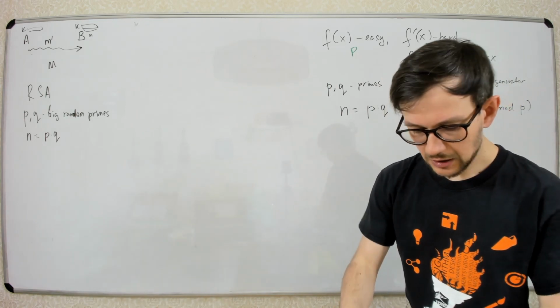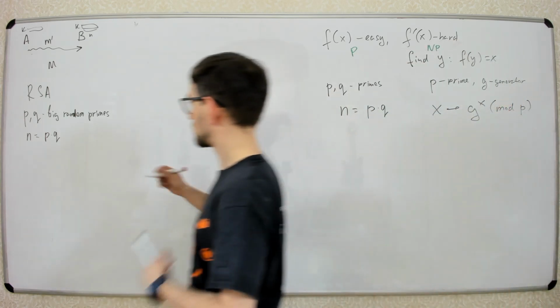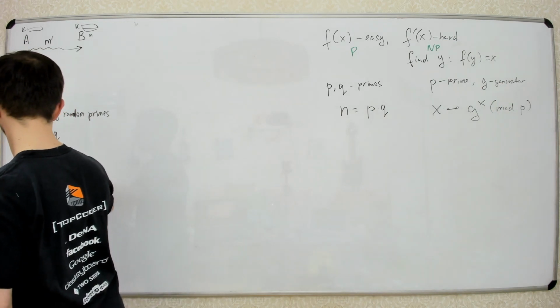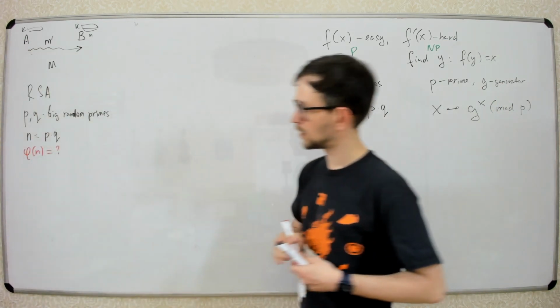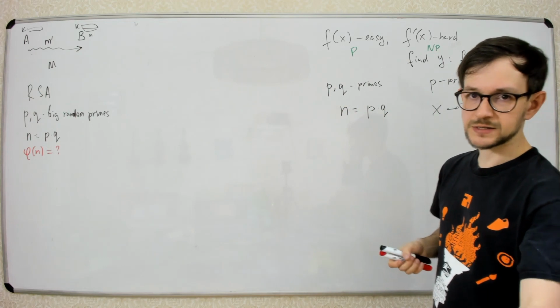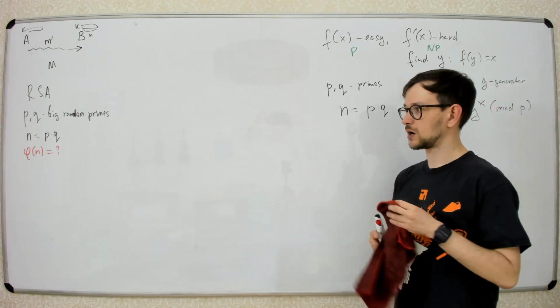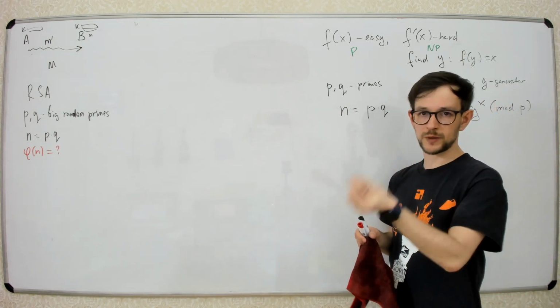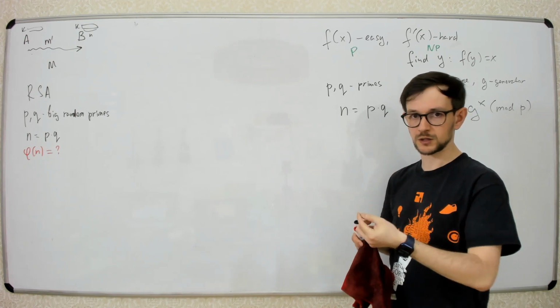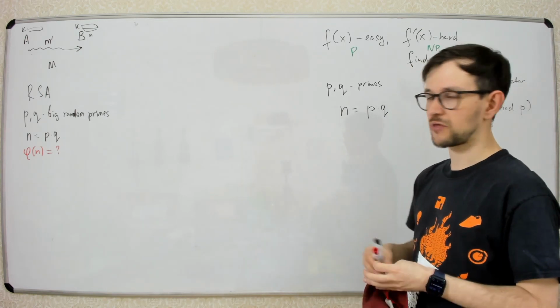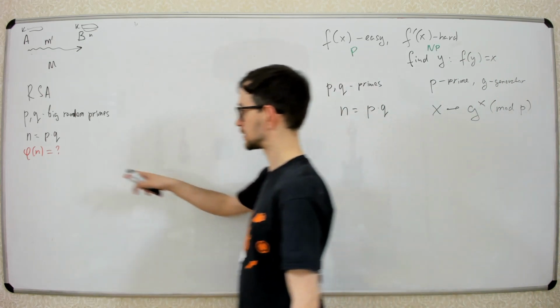Now let's see what the Euler function of this n looks like. What is phi of n? Again, phi of n is the number of integers from 1 to n minus 1 which are co-prime with n. So how many integers are co-prime with n if n is a product of two prime numbers?